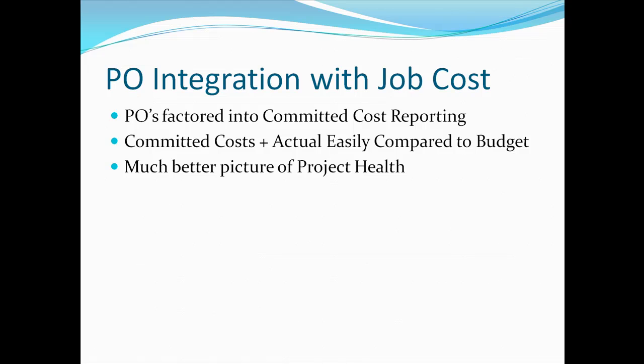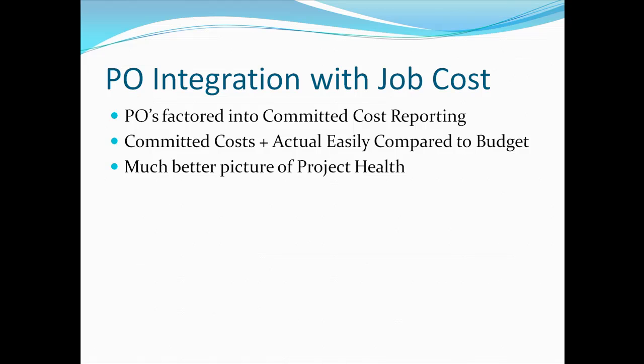POs integrate nicely with job cost in that the remaining quantities are factored into the committed cost reporting. So there are lots of folks out there that don't seem to use the committed cost reporting because they're not using the committed costs very well. Using POs would help you to see what's remaining in materials.